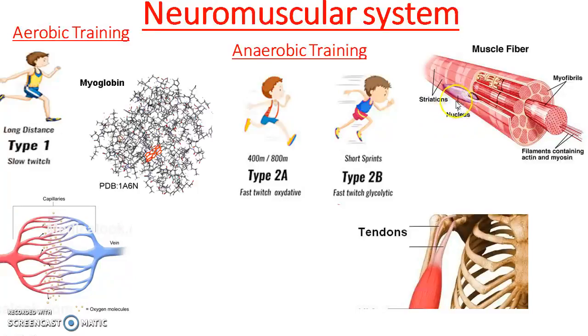cross-sectional size increases, as there is an increase in the muscle's myofibrils, but also connective tissue such as tendons. This in turn makes the muscles more pliable and simply means they are more flexible and more mobile, allowing for quicker sudden movements, in this case a sudden sprint for example.